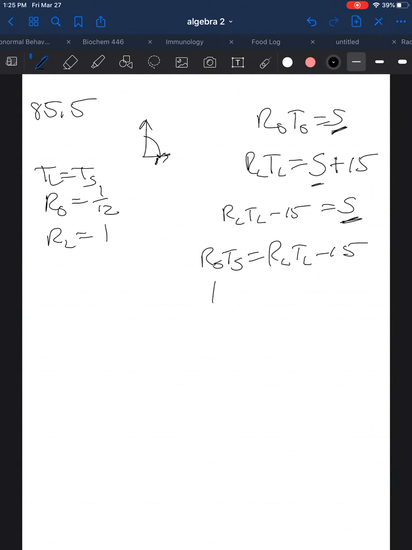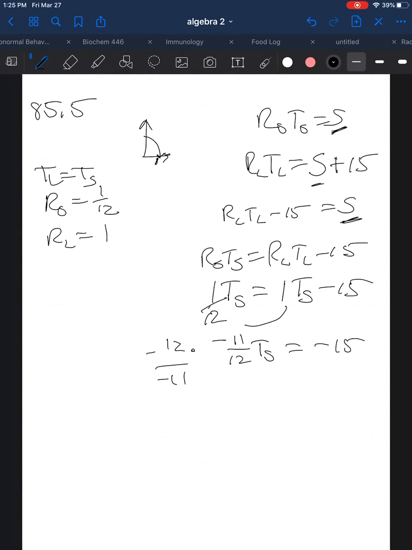So RS is 1/12, RL is 1. We'll change that to a TS. Now if I subtract 1 TS from both sides, I get minus 11/12 TS equals minus 15. And finally multiply by the reciprocal.